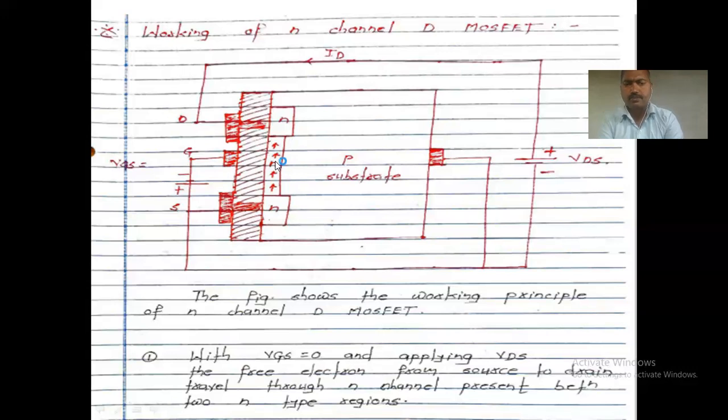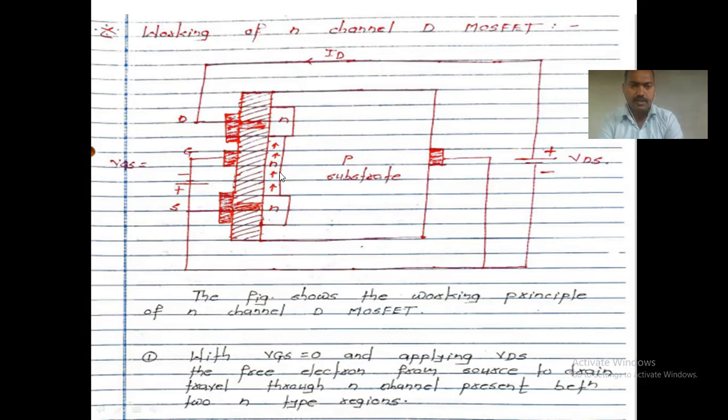So the smallest depletion layer is coming across here, so the space across your channel is more, right? Because the gate to source voltage is not negative, it is 0 voltage, there should be the smallest depletion region, so a larger channel is coming across here, right?